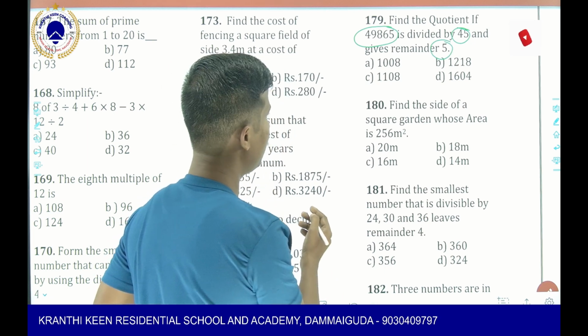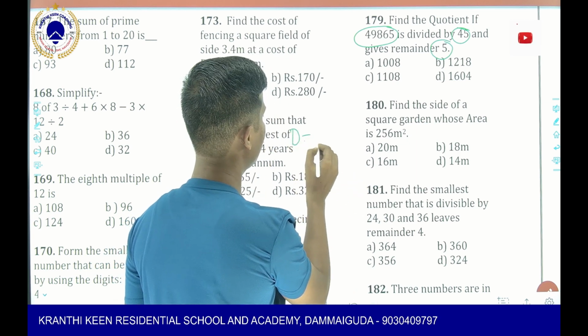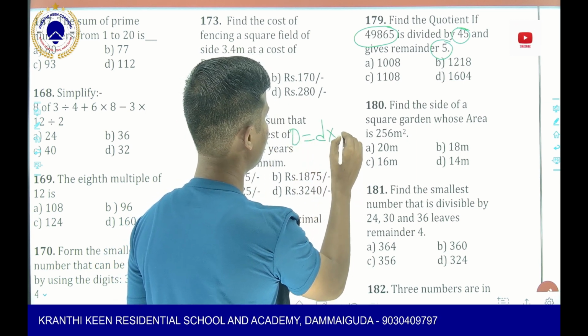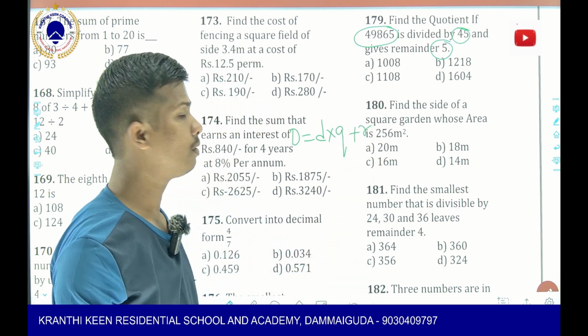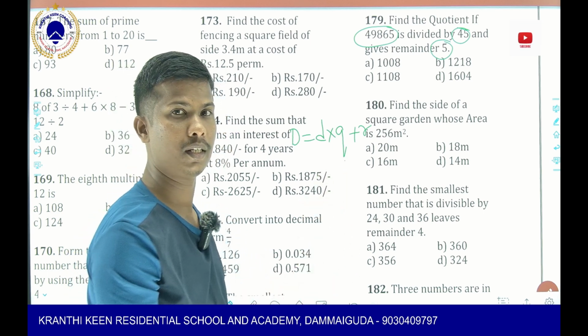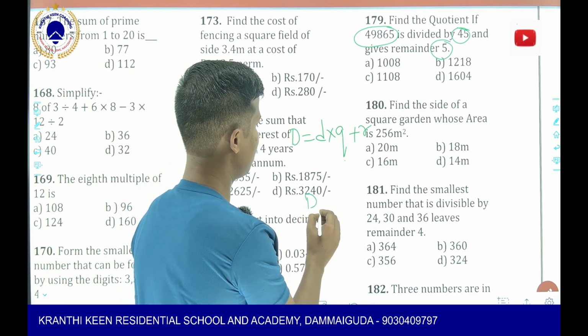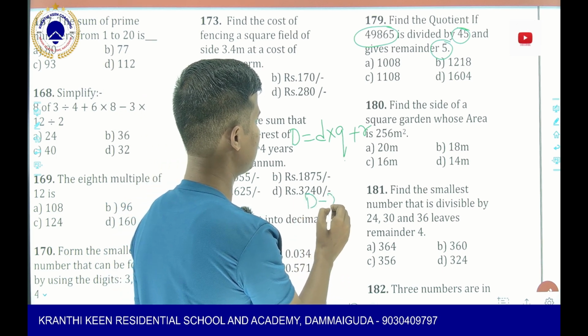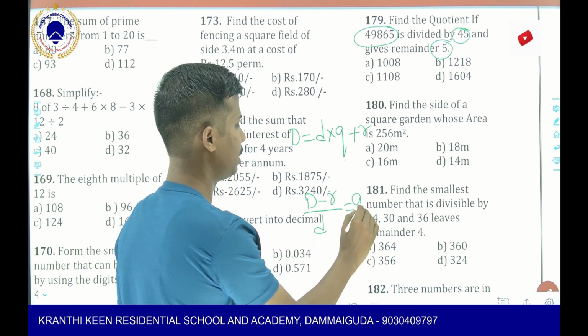Dividend is equal to divisor into quotient plus remainder. We need the quotient, no? Keep the quotient this side and transpose all the remaining to this side. Dividend minus remainder divided by divisor is equal to quotient.